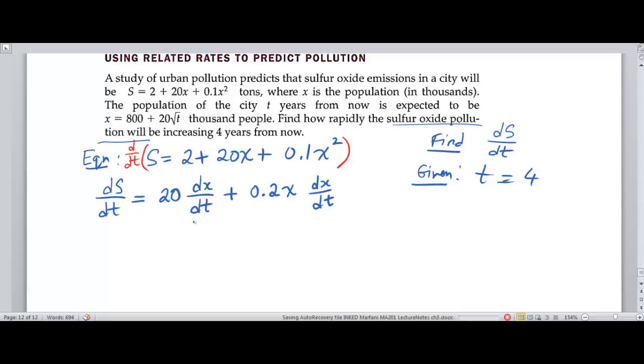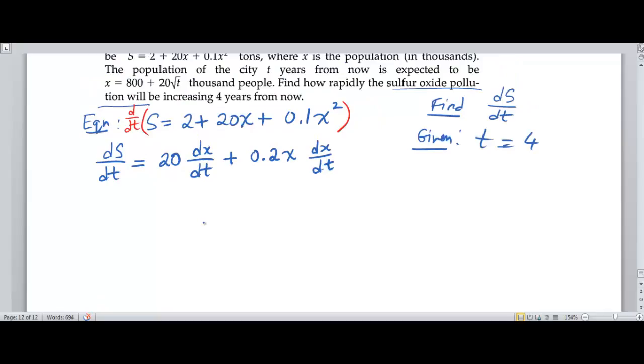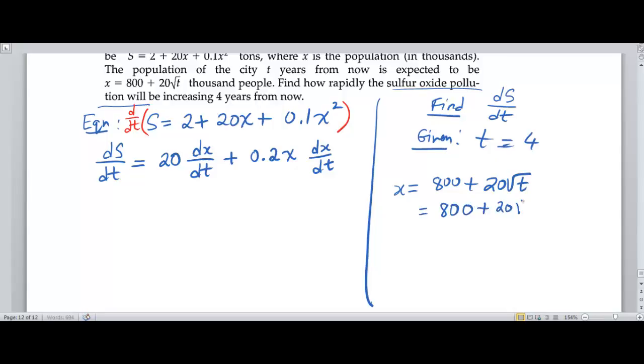But what they did give me is the formula for x, so I can find all of this stuff, right? x is equal to 800 plus 20 root t. And t is equal to 4, so I just have to plug in 4. So square root of 4 is 2 times 20 is 40, so that's 840.